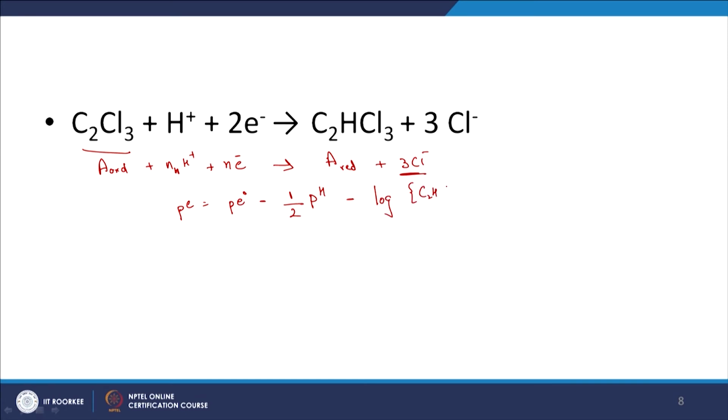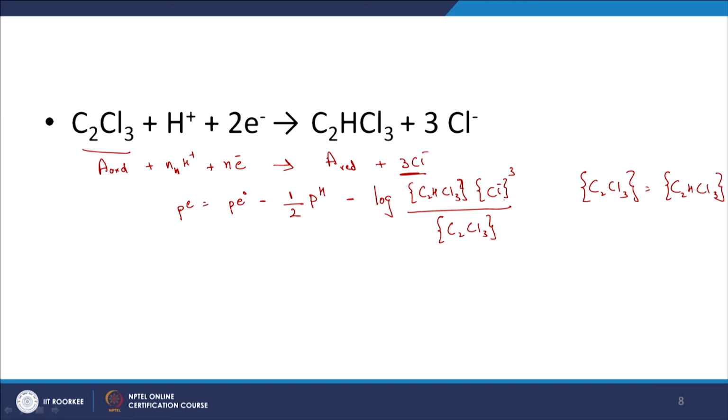It is C2HCl3 into Cl minus activity raised to the power of 3, divided by C2Cl3 and its activity here, right. So, we will just look at the simple case when the concentration of C2Cl3 is equal to the concentration of C2HCl3, right. So, obviously, when would that be the case?